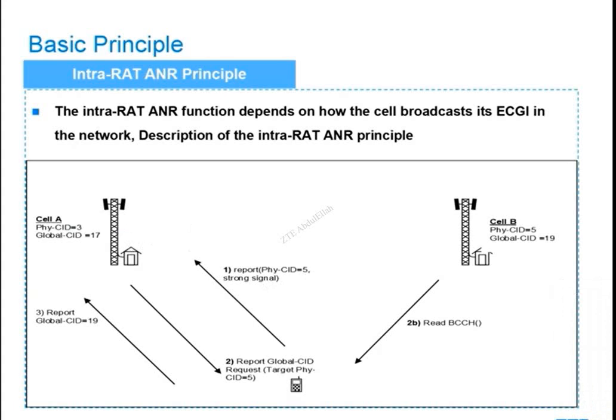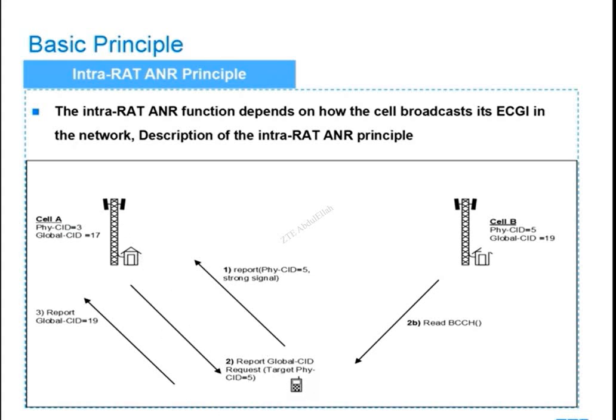it will command the UE to use the found PCI to read this cell's ECGI. For example, we call this target cell cell B. It will read cell B's ECGI, TAC and PLMN. So during this procedure, the eNode B will select a proper UE to detect the ECGI.